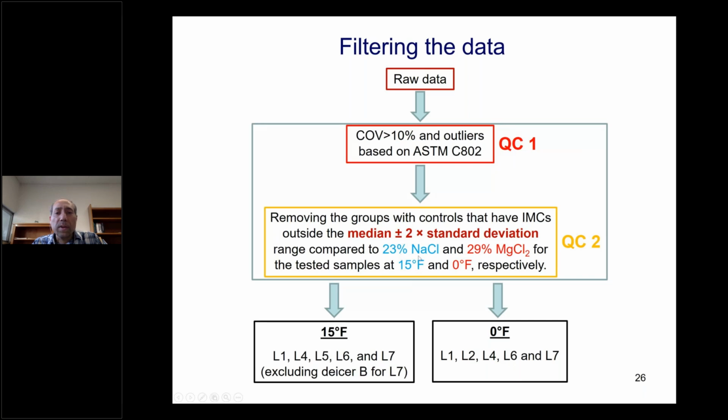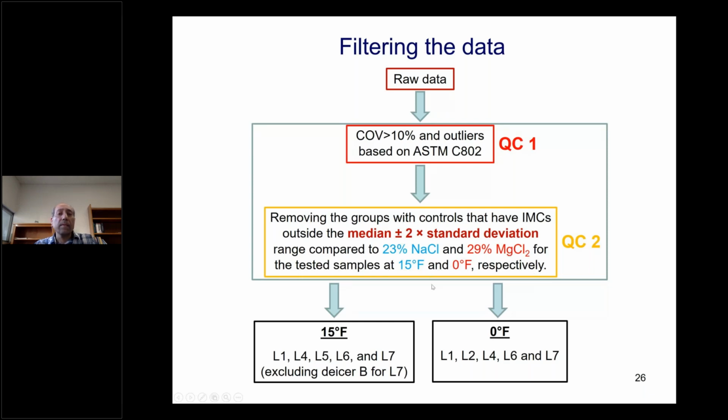We also used 2 test temperatures, 15 Fahrenheit and 0 Fahrenheit. We reached these temperatures after some trial and error. For 15 Fahrenheit, we use 23% sodium chloride solution as a standard, and for 0 Fahrenheit, we use 29% magnesium chloride as a standard.